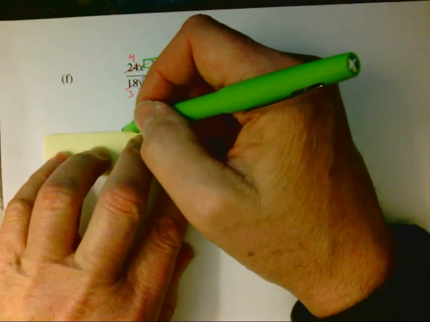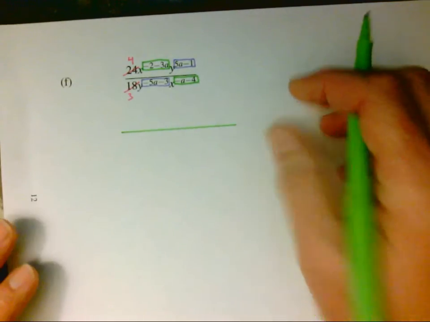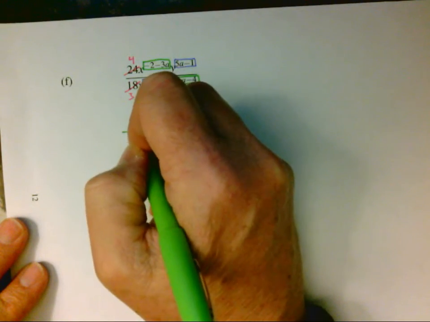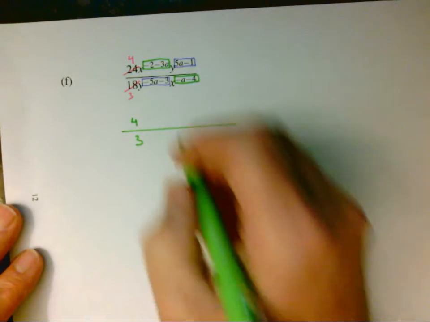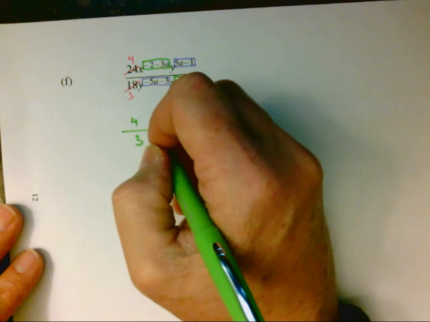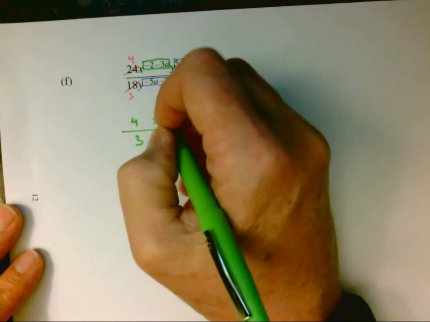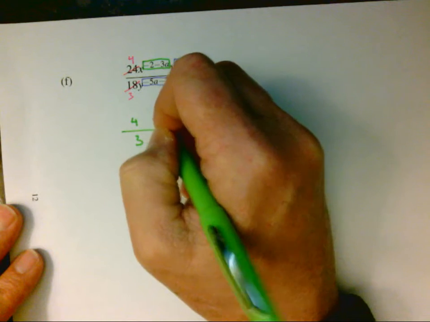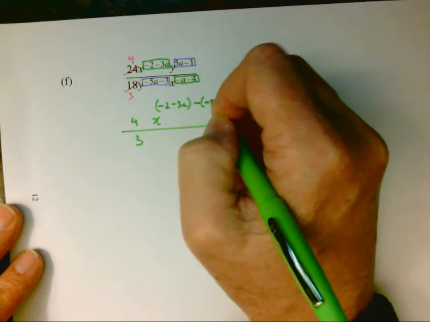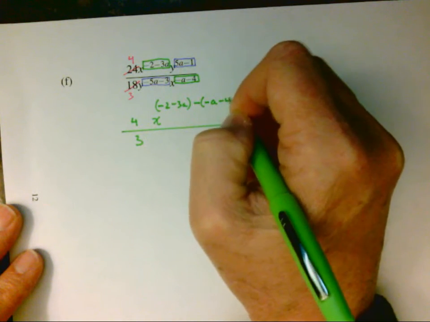Now, we have a 4/3, and we're going to have an x to the negative 2 minus 3a minus a negative a minus a 4.